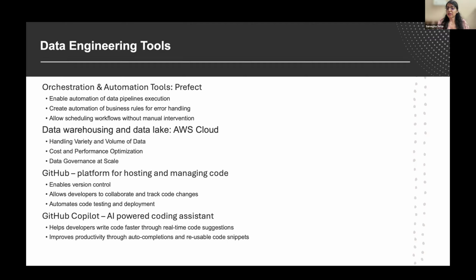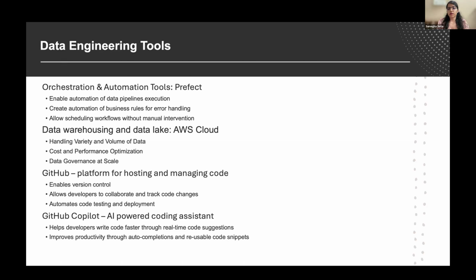We have the data warehouse and data lake, and we are extensively using AWS for that, which helps us handle different varieties and volumes of data. Then, for version control of all the code that we have, we have GitHub in place, which allows everyone to collaborate across different units.